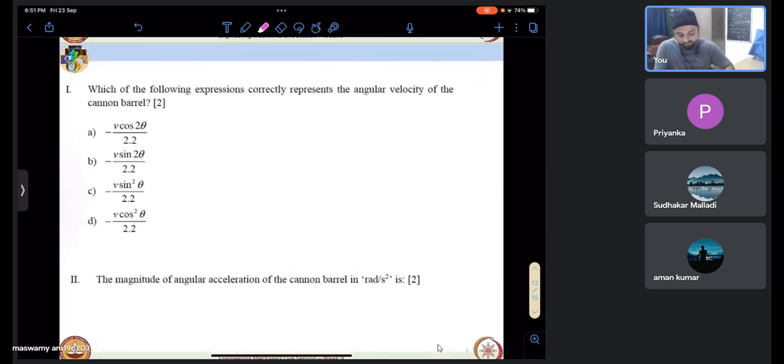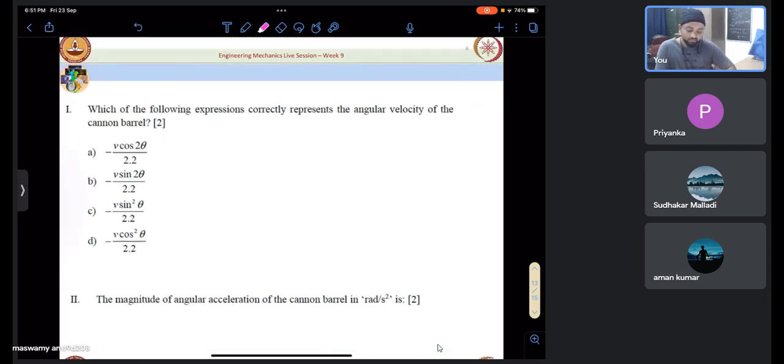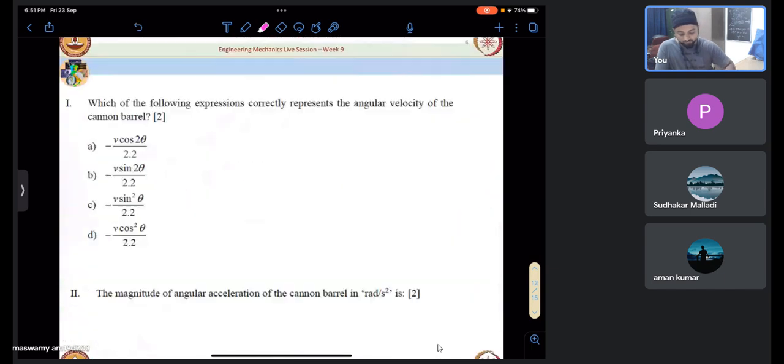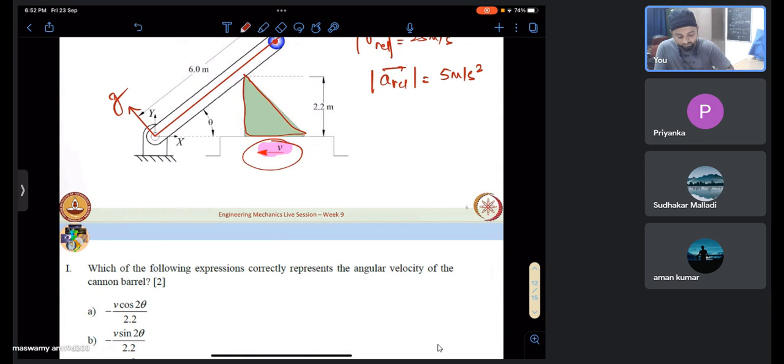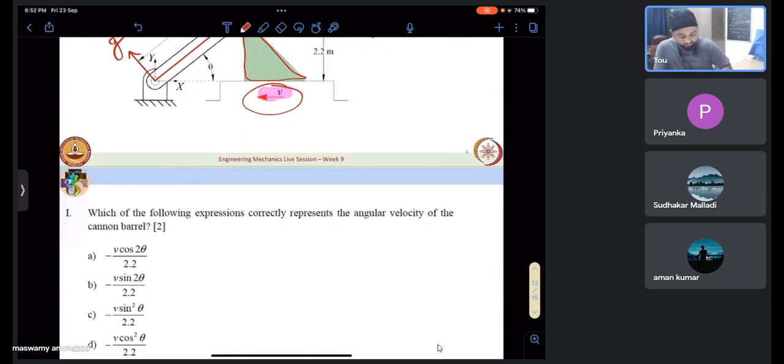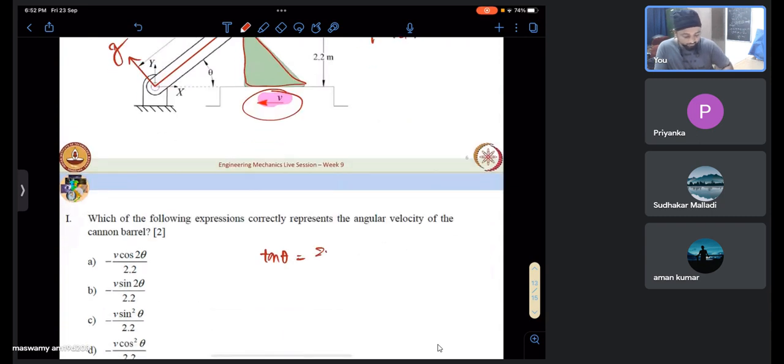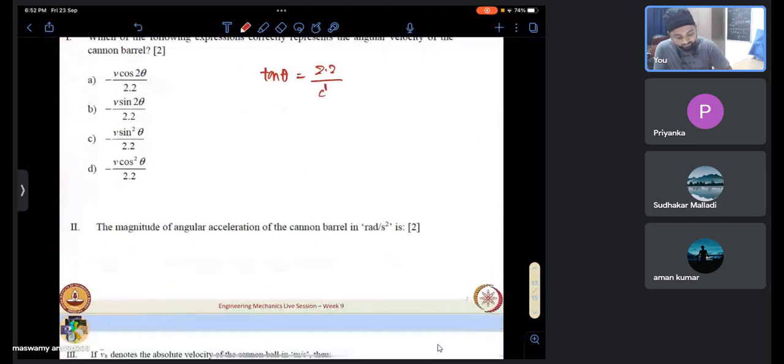What are the questions? Which of the following expressions correctly represents the angular velocity of the cannon barrel? From the very look of it, we can note that it is a small part of absolute motion. If we take this triangle, we can see that tan theta is 2.2 upon, let me call this d, so it is 2.2 upon d.